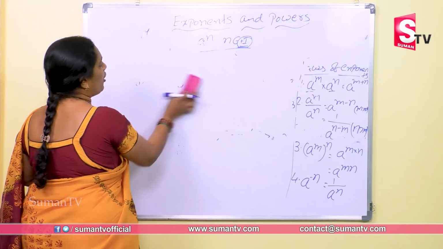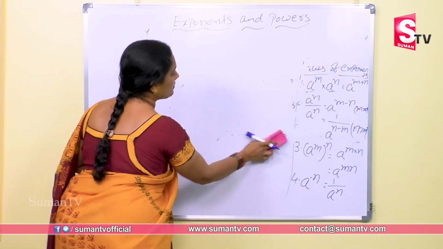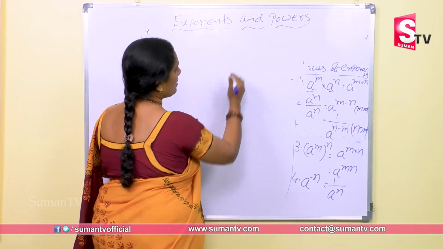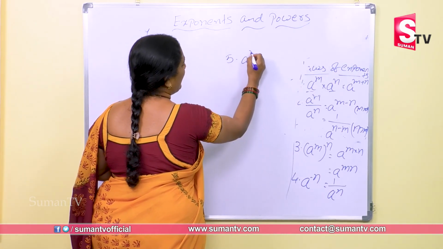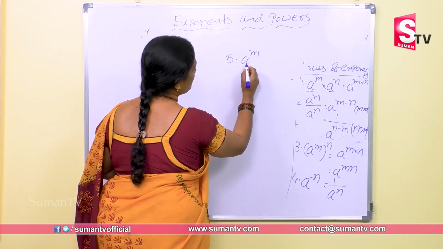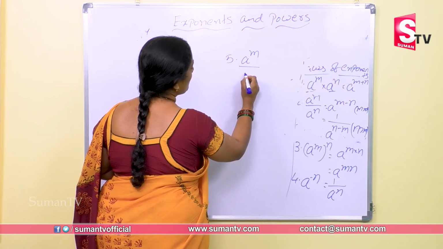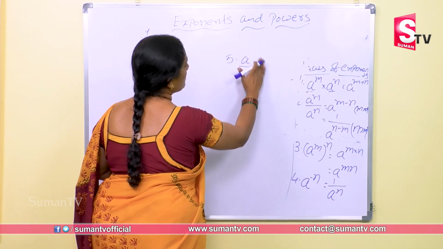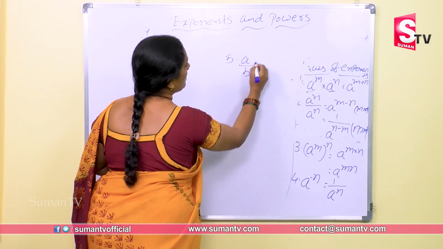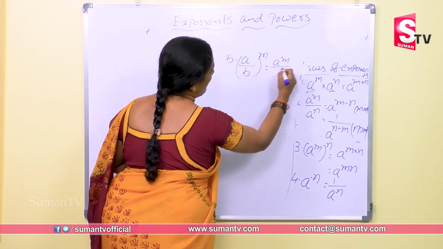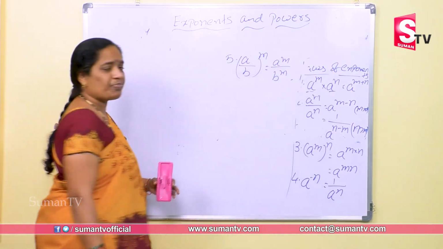The next, formula 5. What is the fifth formula? A by b whole power m is equal to a power m by b power m.